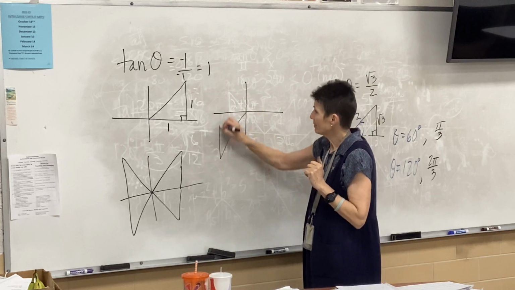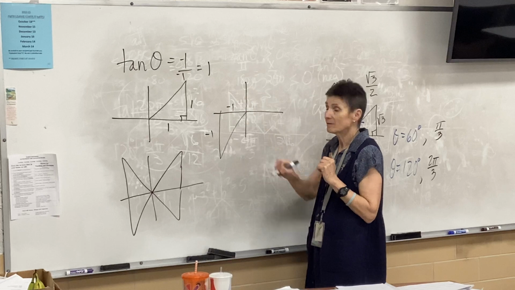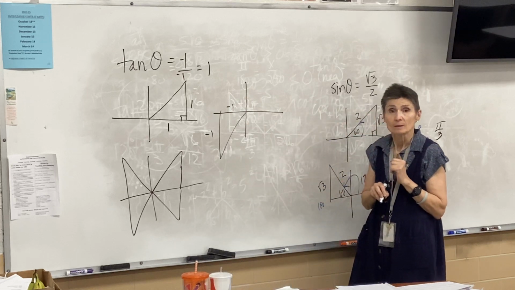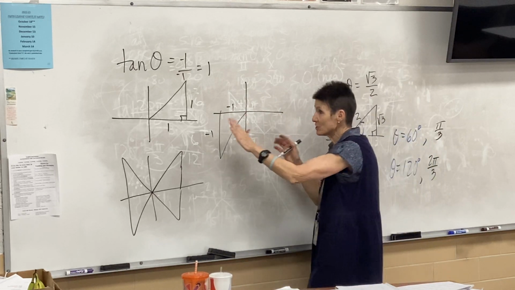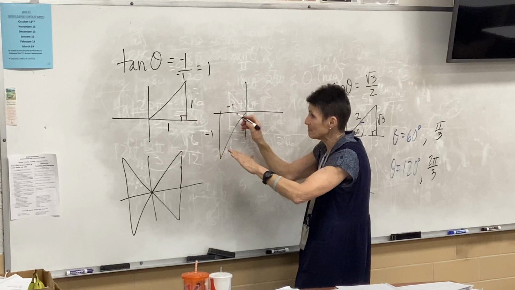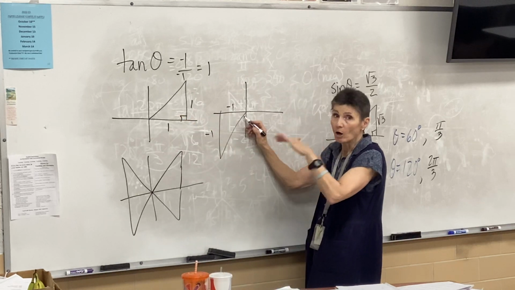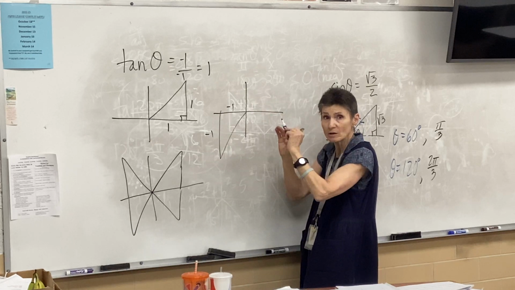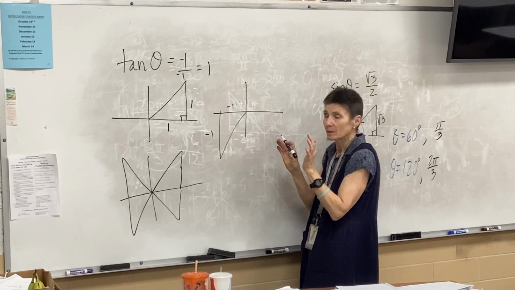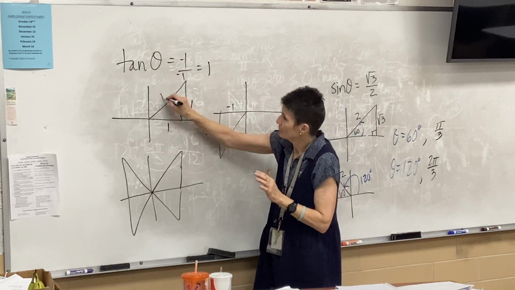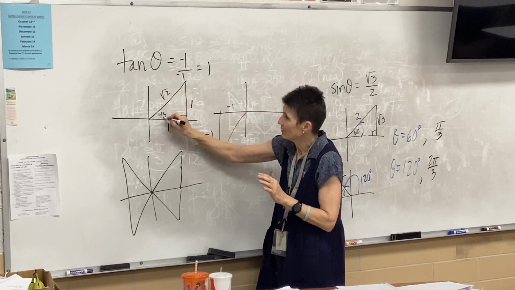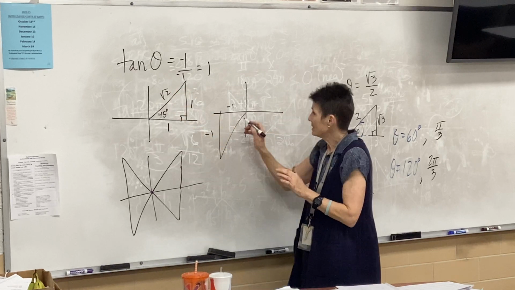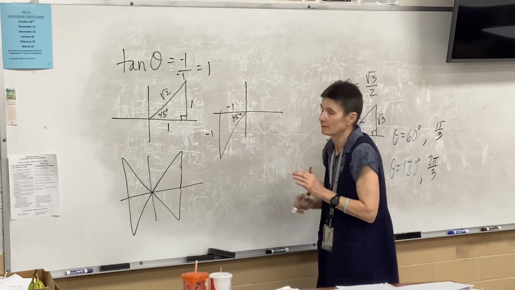Wouldn't that be right here? Negative, negative. Now, these two angles are the same size. They always match. When you're doing two triangles for the same picture, the angles are always the same. So 1, 1, root 2, this is a 45-degree angle right here. This is a 45-degree angle right here.